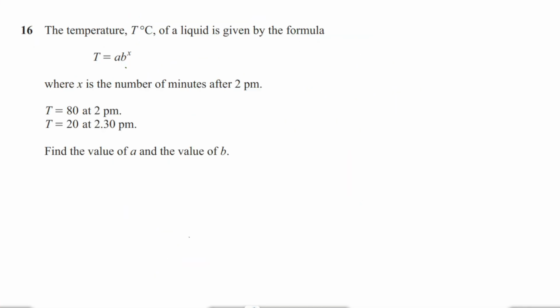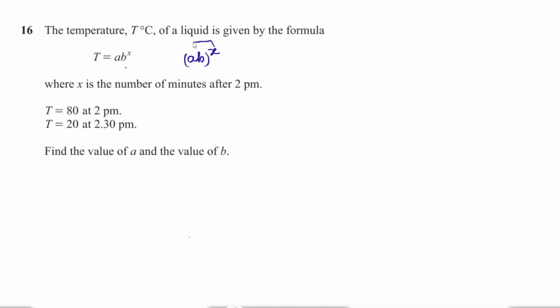Okay, let us see question number 16. The temperature T degrees Celsius of a liquid is given by the formula T equals A times B power X. What I'm saying is that in A times B power X, this X power belongs to B only, it doesn't belong to A. If X belongs to A and B both, it has to be written in a bracket. That is very, very important.